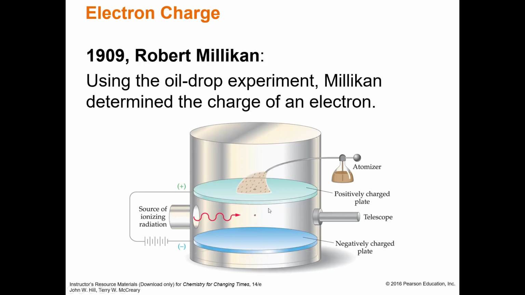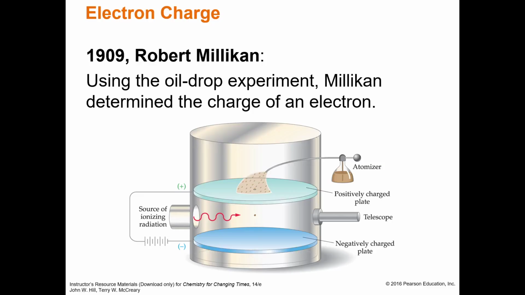And every time these oil droplets got struck by an ionizing radiation, it caused an electron to be ejected, and thus they gained a charge. That charge was equal to an electron's charge. And so he very carefully, finely tuned what the magnetism on these plates was, and saw exactly how much charge it took to suspend those fine oil droplets.